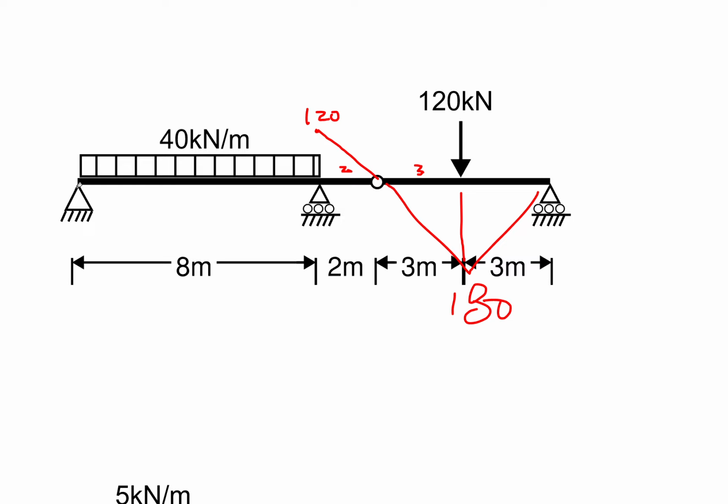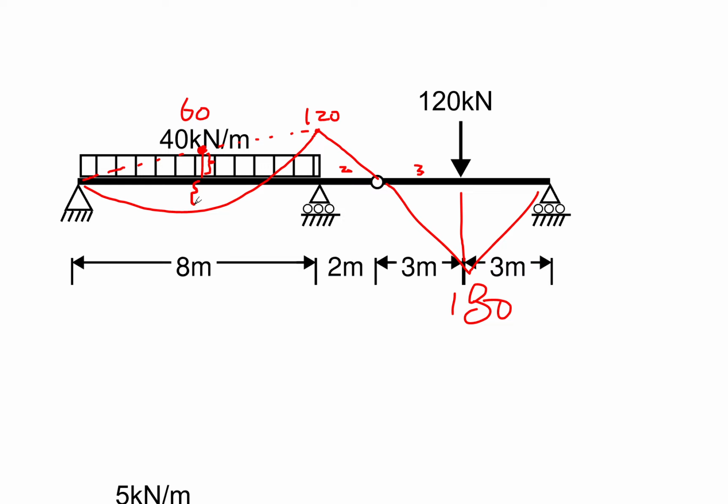At the pin support the moment is 0, so you connect those 2 points and it forms a straight line, and you can work out your bending moment for this 8 meter segment. At the center of the triangle it is going to be 60, because you can use trigonometry: 60 in the middle, 120 at the peak, and that portion here is 60 kilonewton meters.